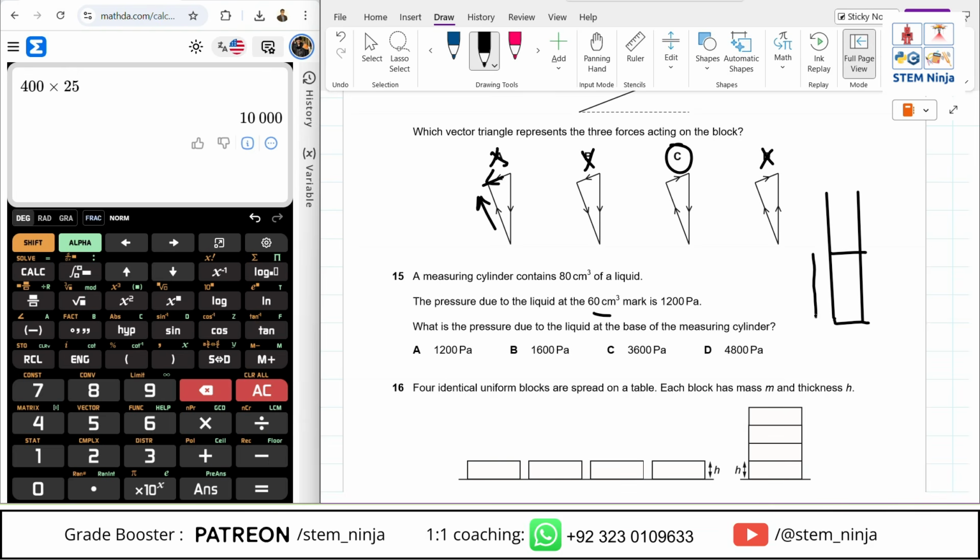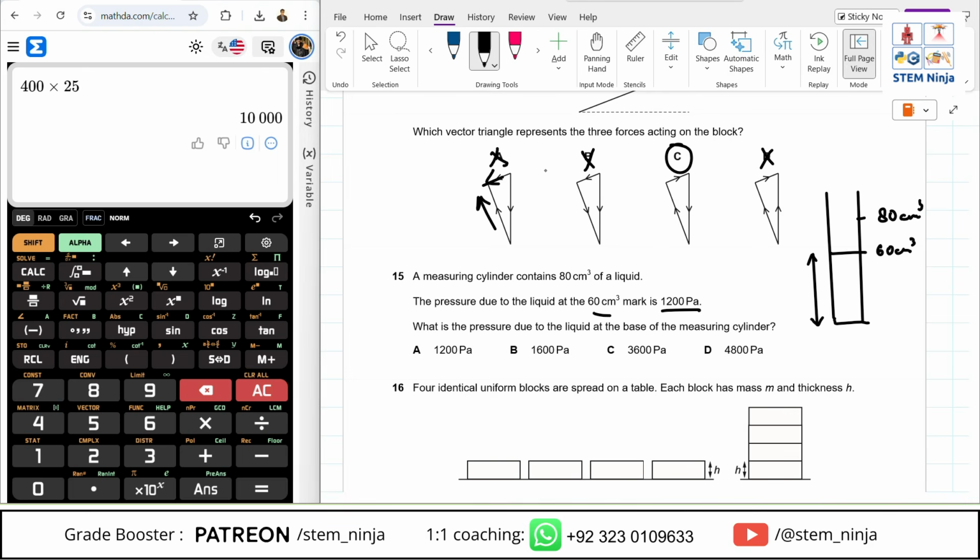If we had the 60 centimeter cube mark, the pressure would be 1200 pascals. So this is about the height, right? If we add 20 centimeter cube more, what would be the pressure now?